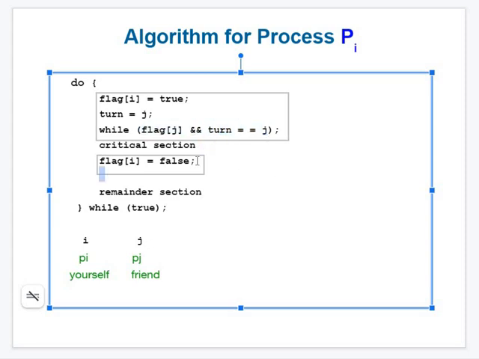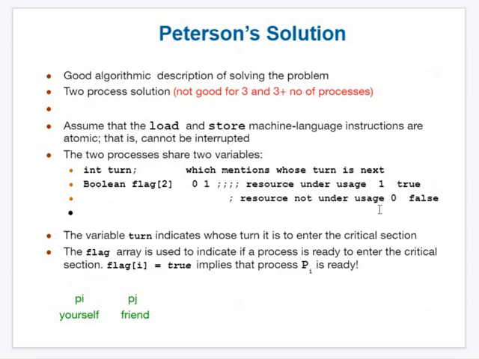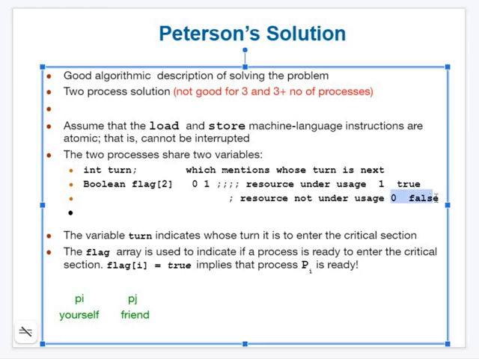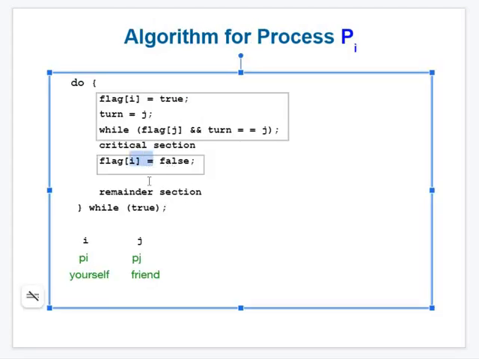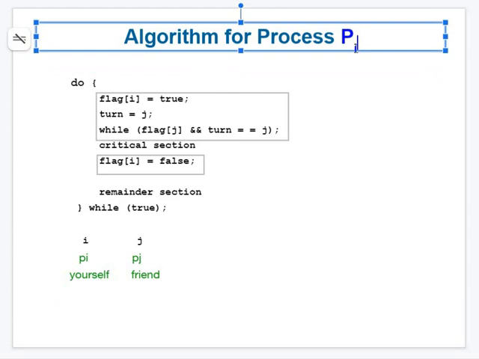Once you give him the book, what becomes of your flag? Flag becomes false. Flag false means the resource is not under usage, because on Wednesday you have given the textbook to your friend. Now listen carefully. What changes should I make if I write for J?